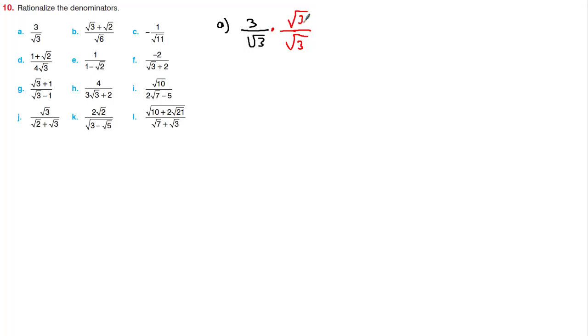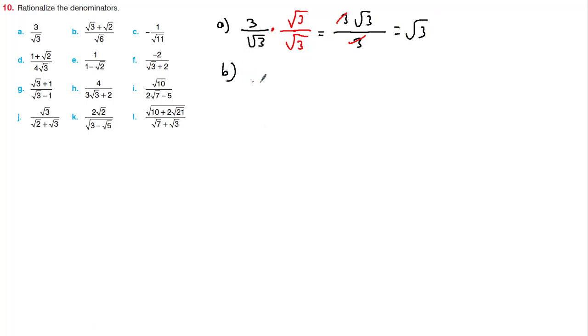That means we multiply by square root of 3 over square root of 3, which in itself is 1. And a number times 1 is exactly the initial number. Now square root of 3 times square root of 3 is just 3. So here it's 3 root of 3 and cancels. That makes how much? Just root of 3.